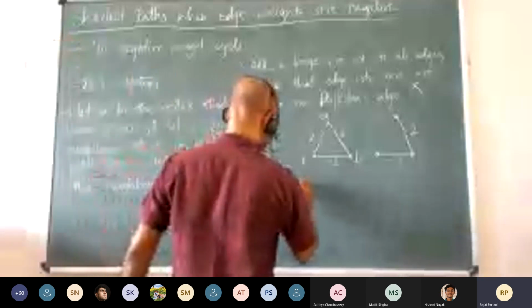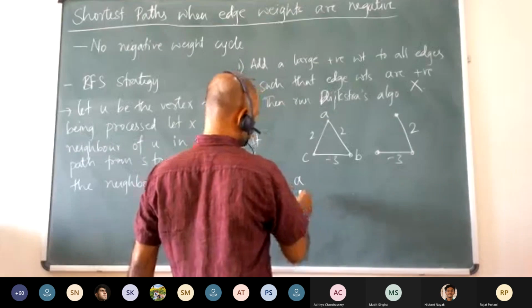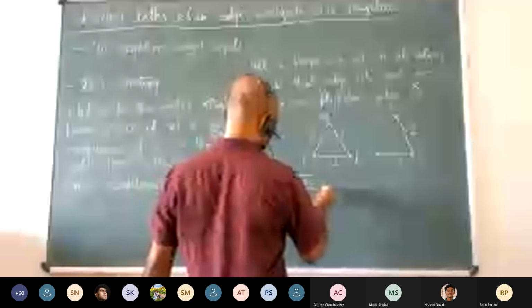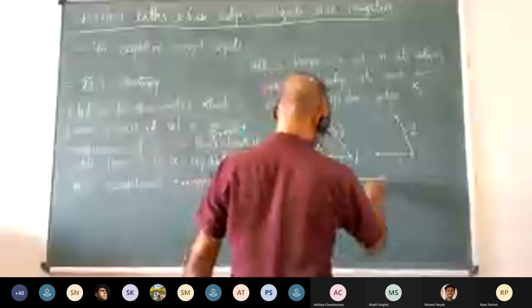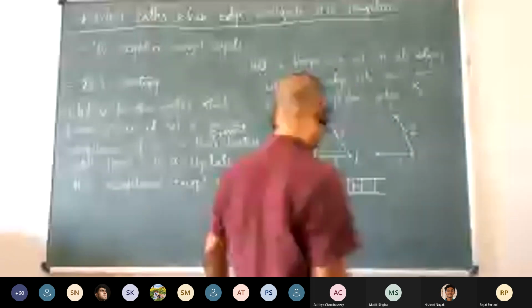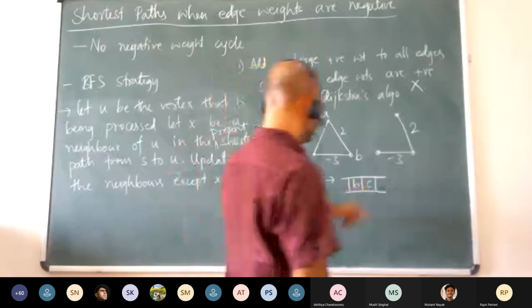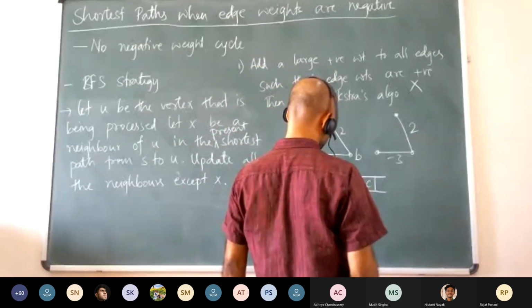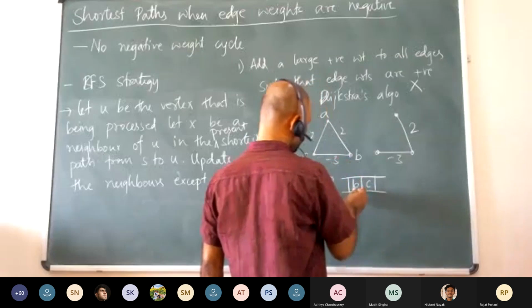See, how will the queue look? First it will be A, right? Then we will remove A, so it will be like this. Then we will remove this and put B and C, right? Now we will take out B, and we will update C to -1, right?